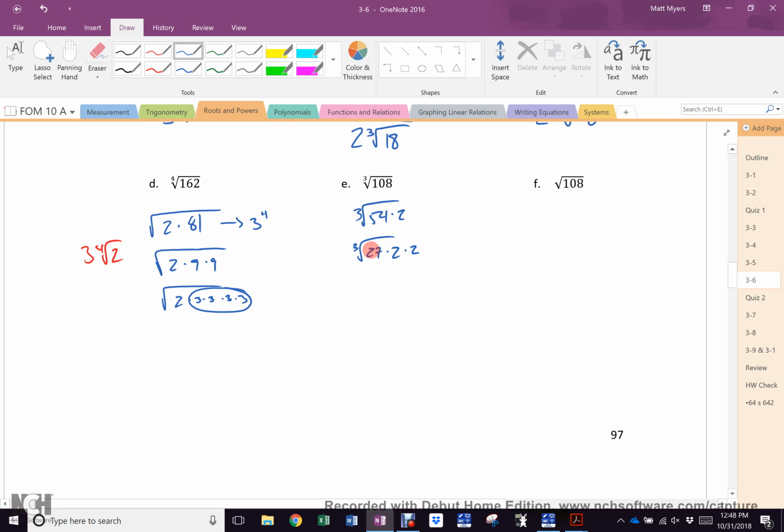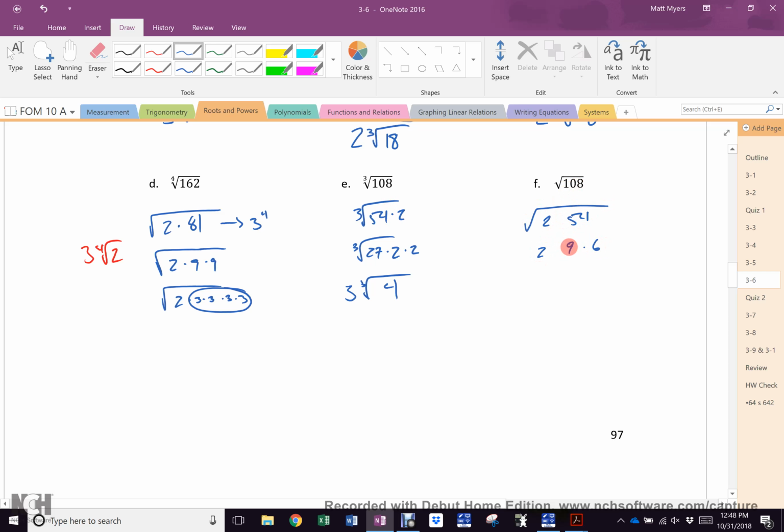So this is, of course, what's cube root of 27? 3. And what did I leave under there? 4. And square root of 108. What is it? What are you going to use there? You're going to do probably 2 and 54 again, because we just did 2 and 54, right? We've already done square root of 54, haven't we? 9 times 6.